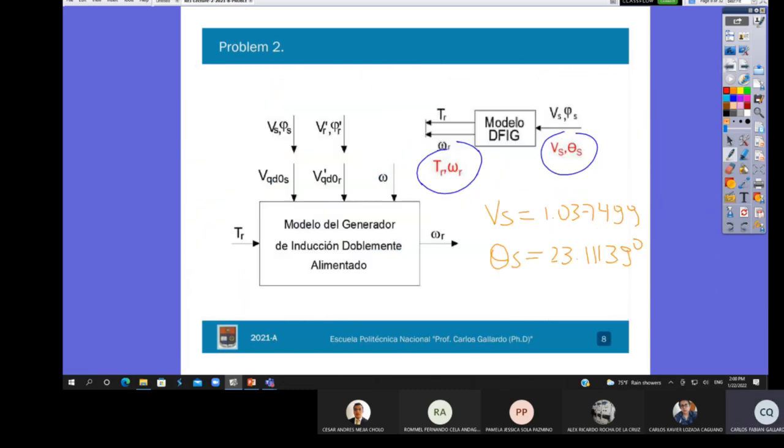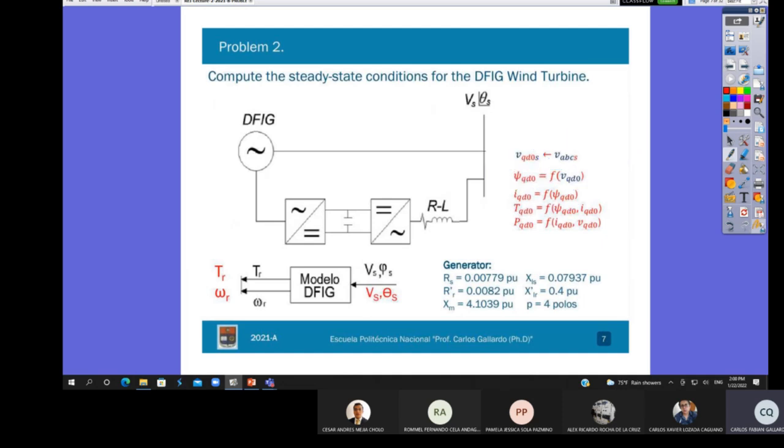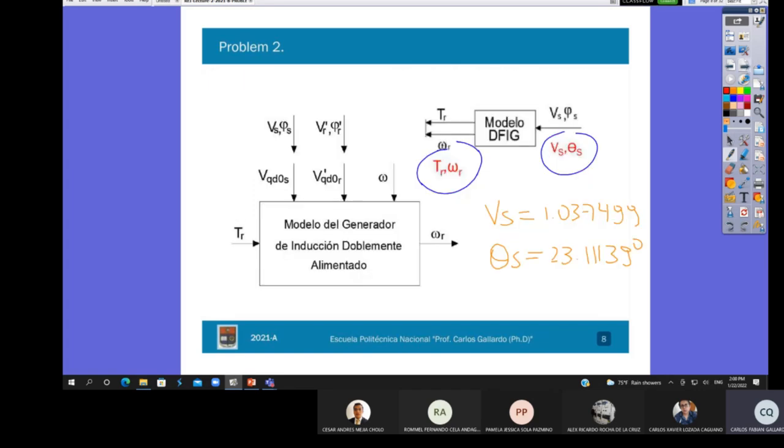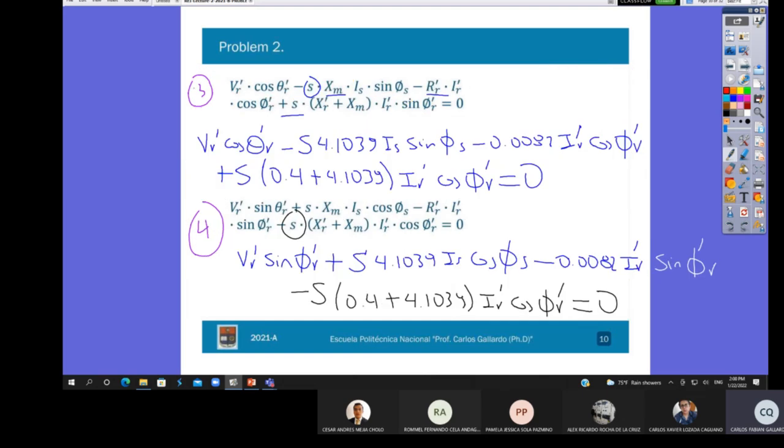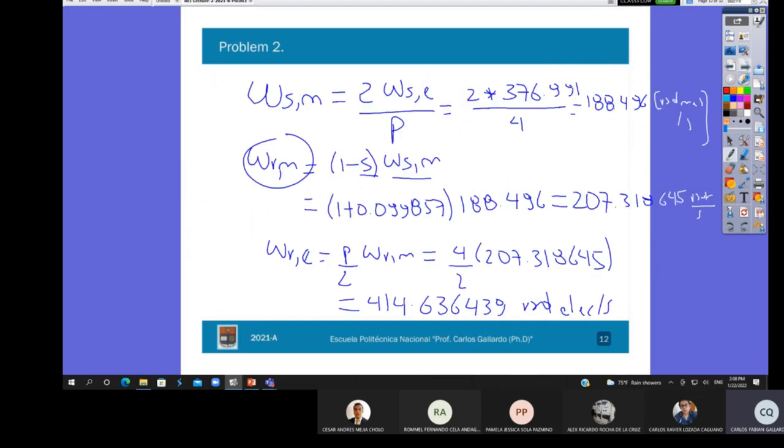Let's back to this methodology. Okay, so this step is over, this step is over, this step is over. So with the current and the voltage, I will compute the power.